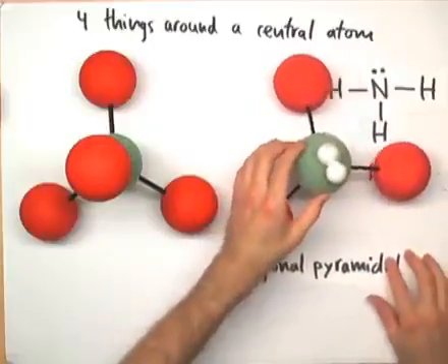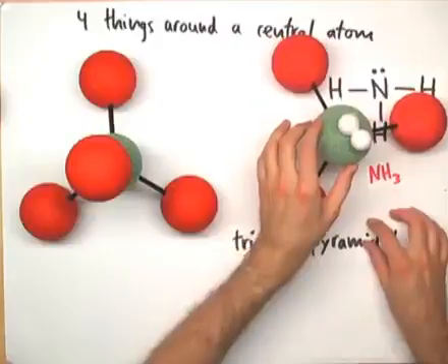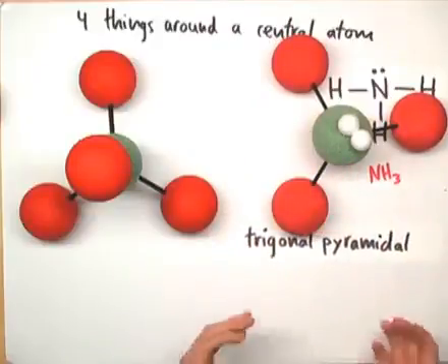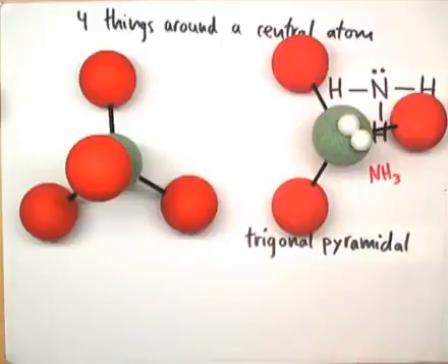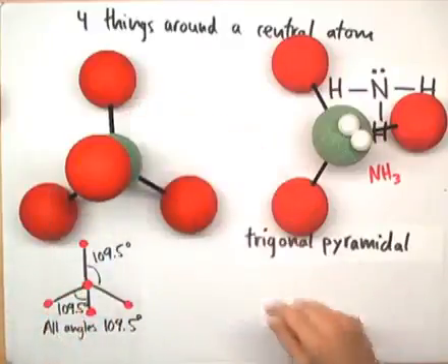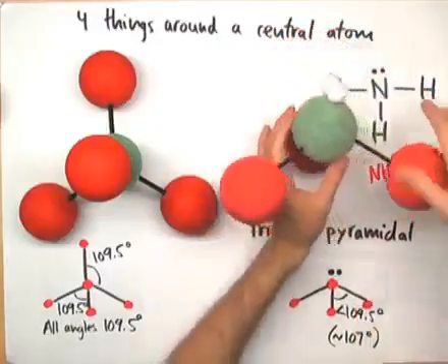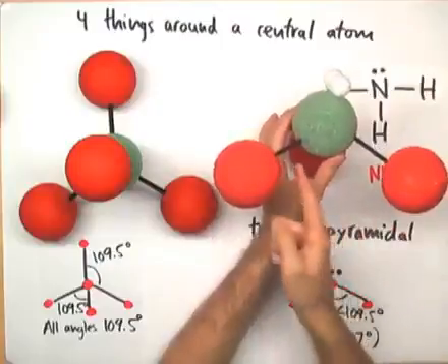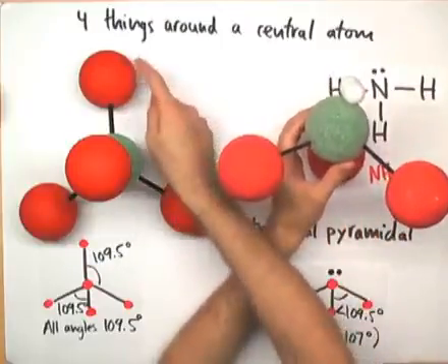Now, for angles in the trigonal pyramidal molecule, we'll remember that in the tetrahedral we have 109.5 degrees between all of the bonds. But in trigonal pyramidal, just like we saw with the bent molecule, the unshared electron pair here pushes a little harder against these 2 bonds than an atom would.